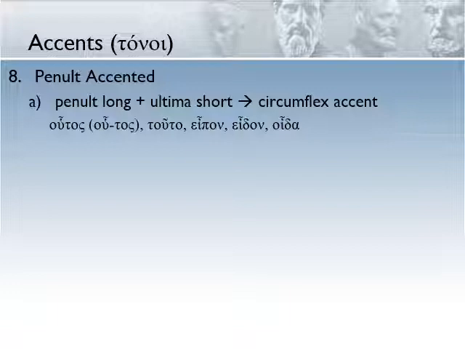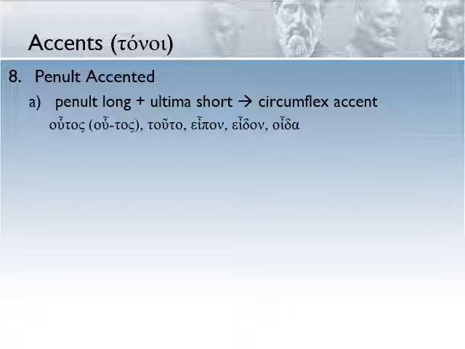That means the circumflex can stand over the long penult. Why is the penult long? Because it consists of a digraph, omicron epsilon, and all digraphs are considered long for accent purposes. So in the word utos, we find the rules for an accented penult allow that circumflex accent.